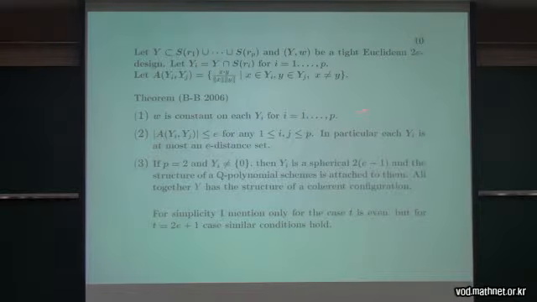Now, if you have a tight Euclidean 2e-design, put Y_i to be the intersection of Y with the sphere of radius r_i, and let A(Y_i,Y_j) be the set of real values of the inner product, the usual inner product, for x not equal to y.